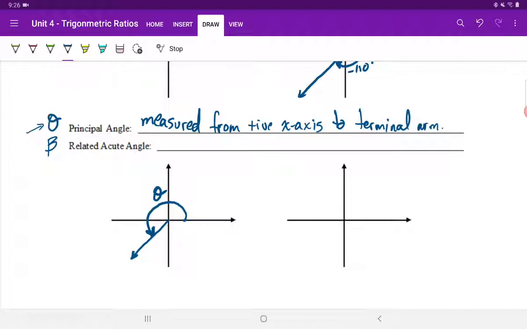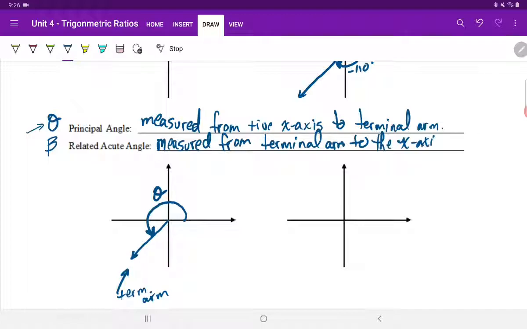Then you've got what's known as the related acute angle, and that is measured from the terminal arm. By the way, this is our terminal arm. From the terminal arm to the x-axis, and it could be the positive or negative x-axis.